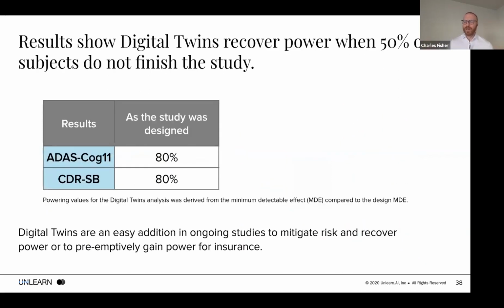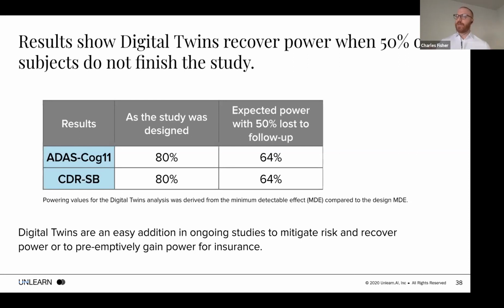So what impact do these types of things have on a trial? The original study was designed to have 80% power for a particular desired effect size for the change in ADAS-Cog 11 and the change in CDR sum of boxes over the course of the trial. So we want to have high confidence that we can detect a sufficiently big effect size on these two key endpoints. But after you delete 50% of the subjects in this simulation, those probabilities are reduced to about 64%.